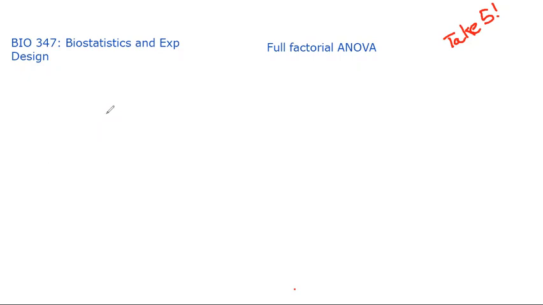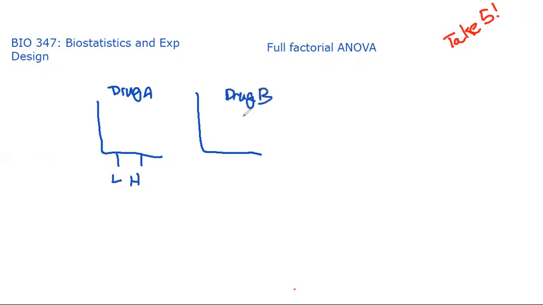Let's look at if we did an experiment and we looked at drug A, and remember we had low and high doses, and drug B, and we looked at it dissolved in H2O and ethanol, okay? And this is some physiological response we're interested in.